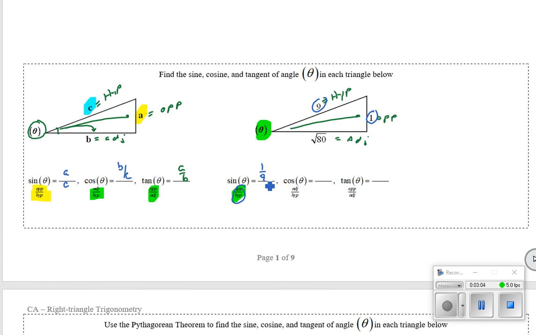The cosine is the adjacent over the hypotenuse, so the cosine is the square root of 80 over 9. And the tangent would be the opposite over the adjacent, so it would be 1 divided by the square root of 80. And for this class, you can leave that alone. You don't need to rationalize or simplify your radicals.